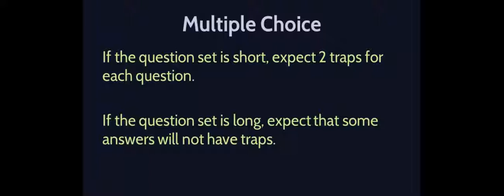So if you've got 7 multiple choice questions, the writer just doesn't have enough space to make traps for all of them. It's very difficult. So typically 1 or 2 of the questions will be quick with no traps, or with maybe just 1 trap. All right? So let's do a practice example.